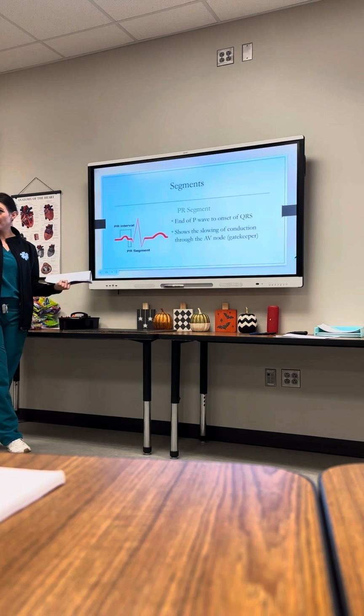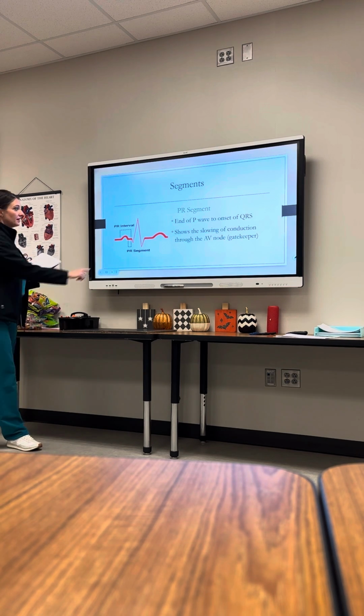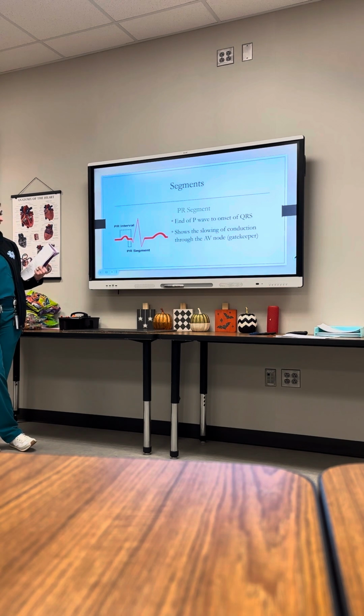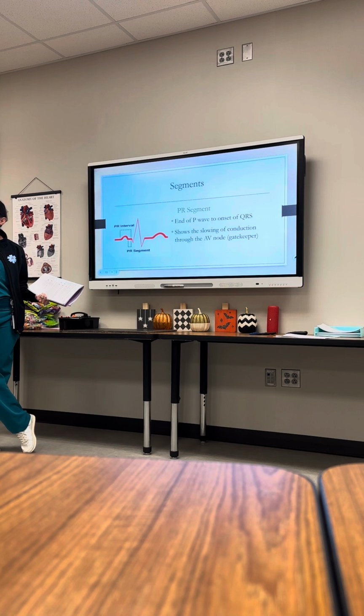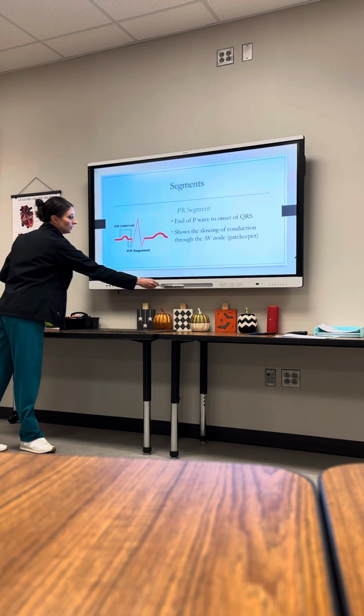Remember us talking about the gatekeeper, how it holds the impulse that comes from the SA node for just a brief moment? That's what we're seeing in that PR segment, okay? Let's label it. Make sure everybody gets to write what they want.